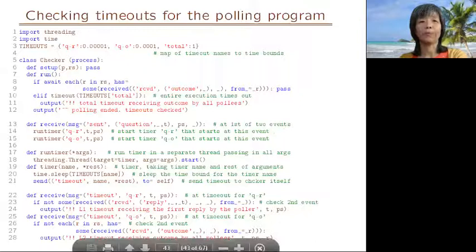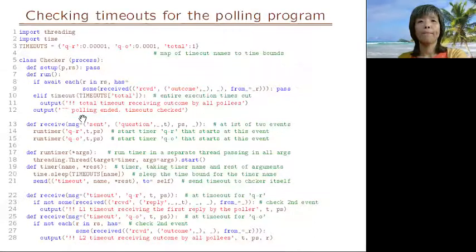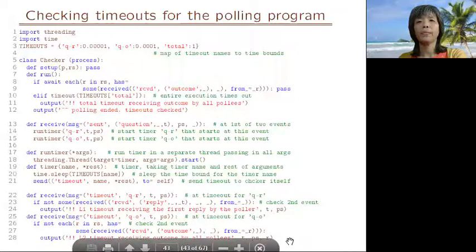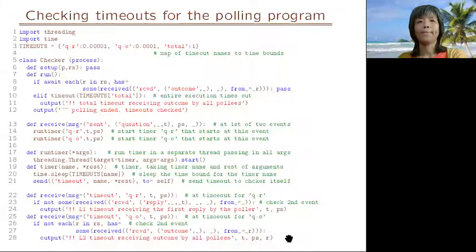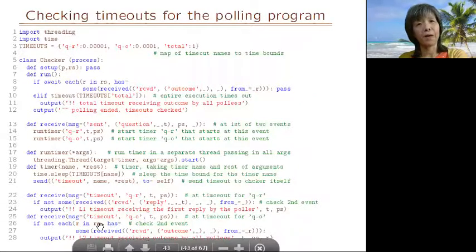Okay, L2 here. Okay, so it shows that at the bottom here, okay, it's PS and R. Okay, and so R is, right, not each R in RS has received the outcome.